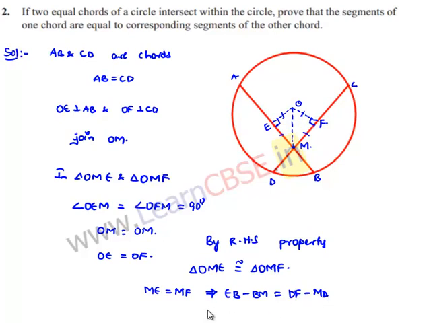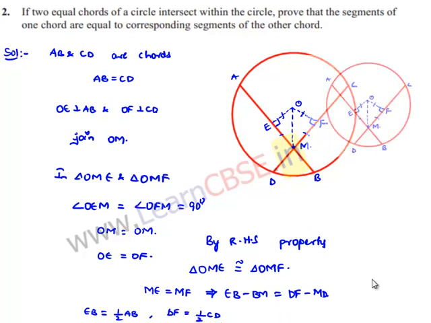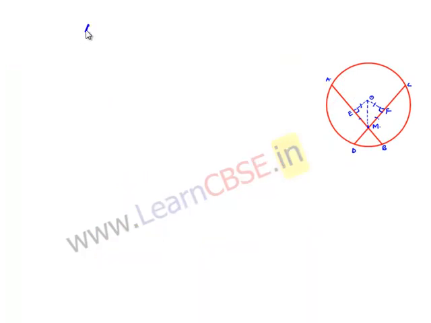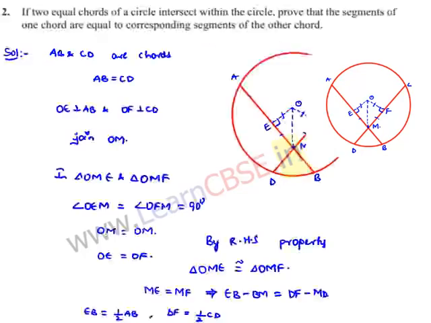But we know that the line perpendicular to a chord from the center always bisects the chord. Therefore, we can say that EB is equal to half AB and DF is equal to half CD. Let us substitute in the above equation, then we get half AB minus BM is equal to half CD minus MD.